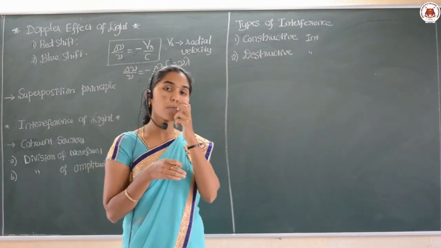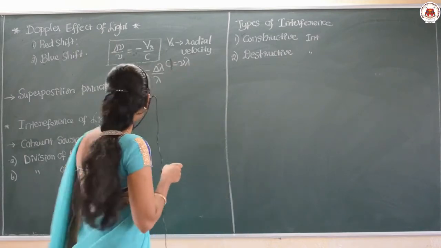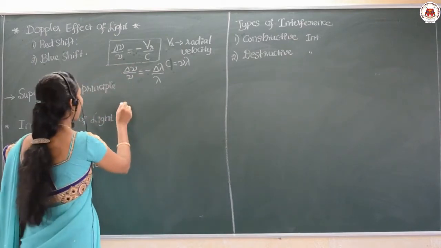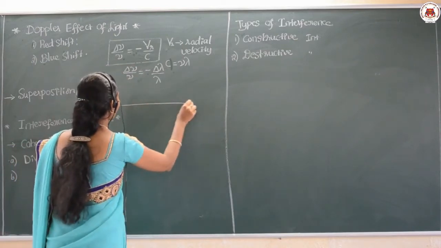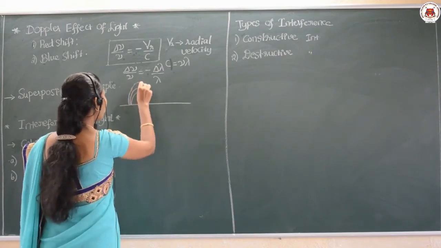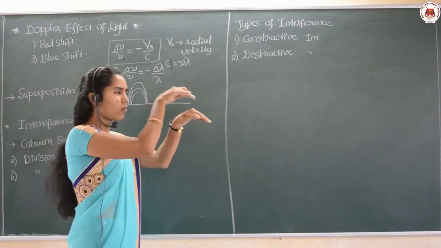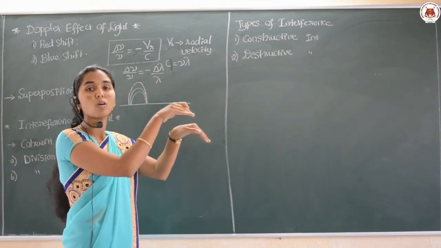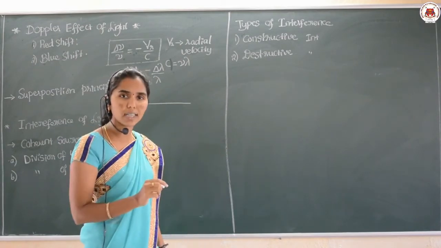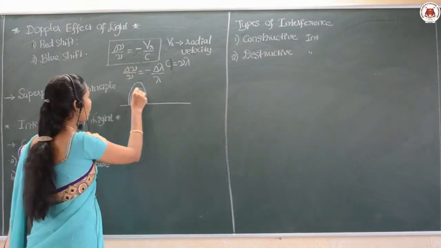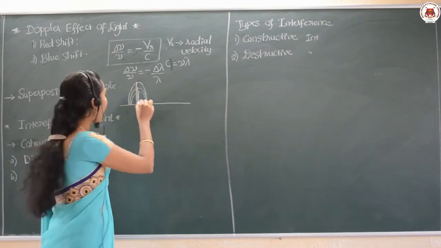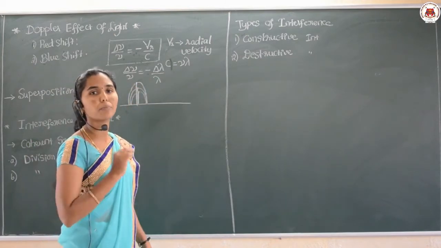What is the superposition principle? Assume there are two or more waves. I can represent them here. This is one wave and this is a second wave. Two or more waves are present and the waves are superposing, that means overlapping each other at a given point, at a given instant. You want to calculate the total displacement of the wave at a given instant and at a given point.